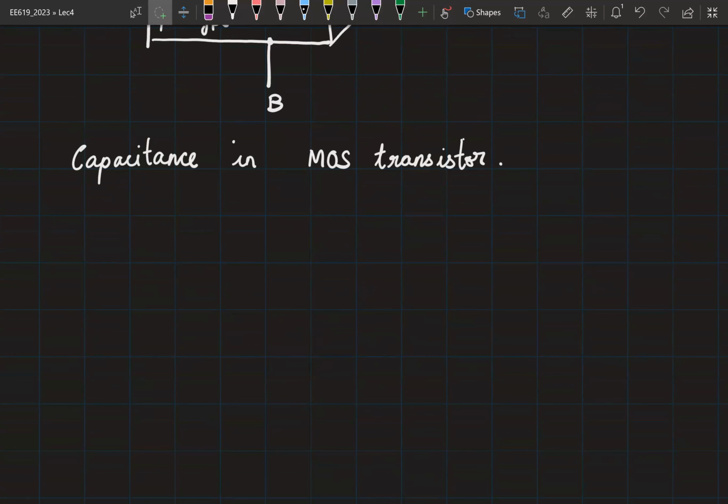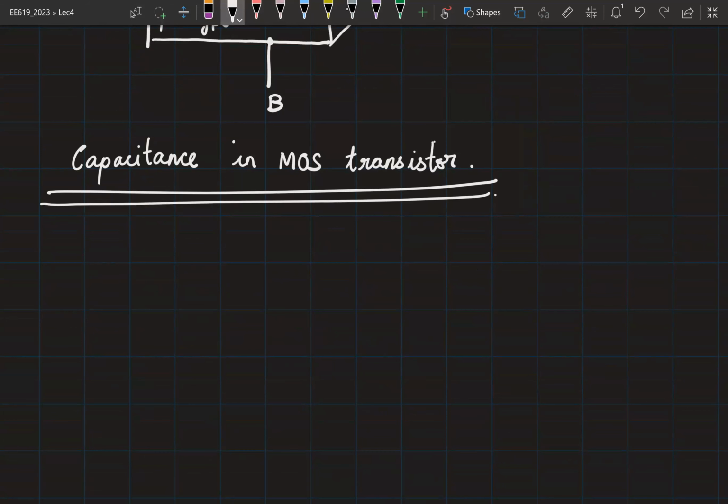Deriving it for an NMOS transistor, but the same logic applies to both NMOS and PMOS transistors. The NMOS transistor has 4 terminals, and ideally you can expect to see capacitances between any 2 terminals, right?